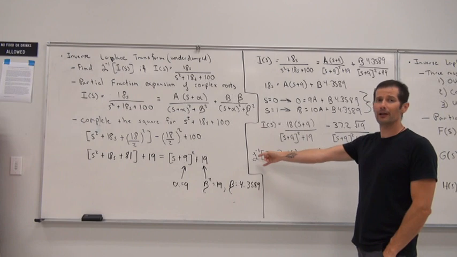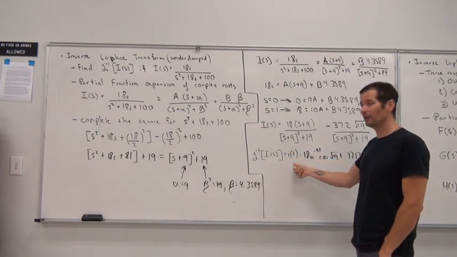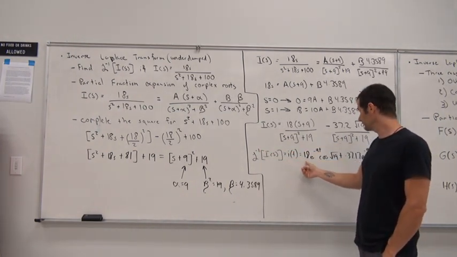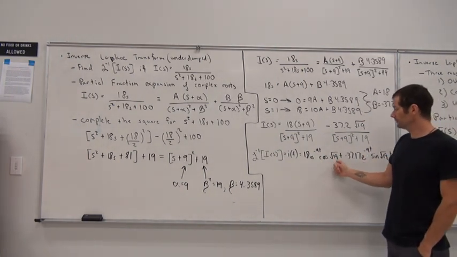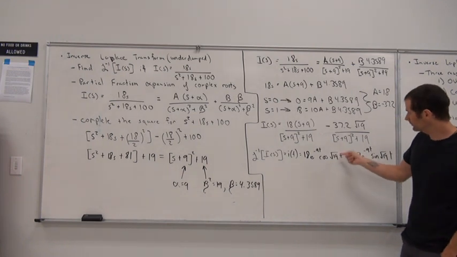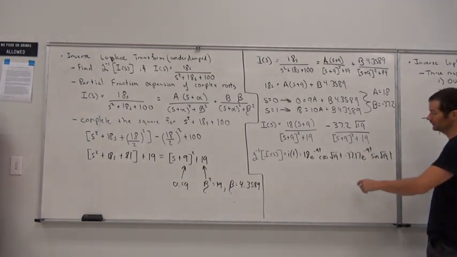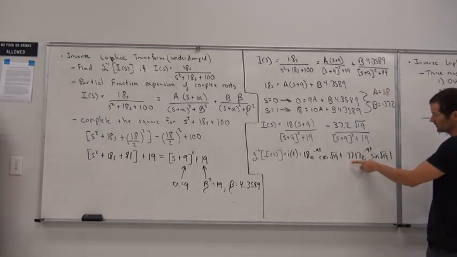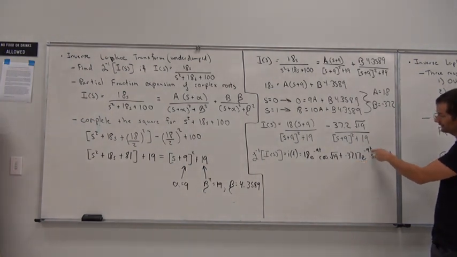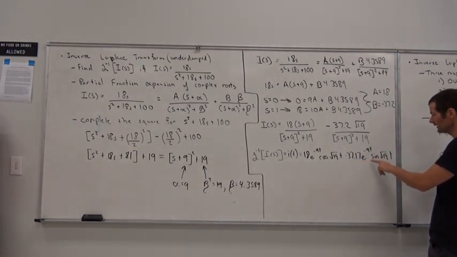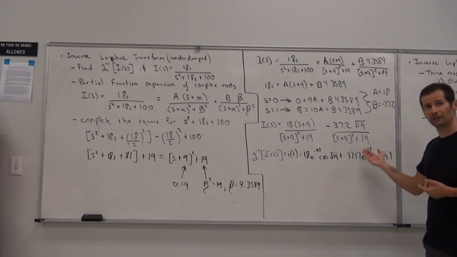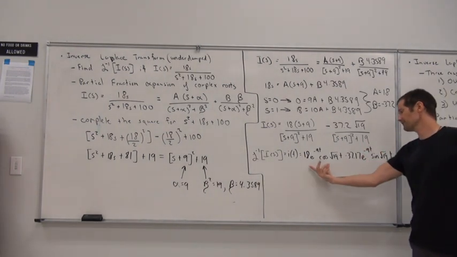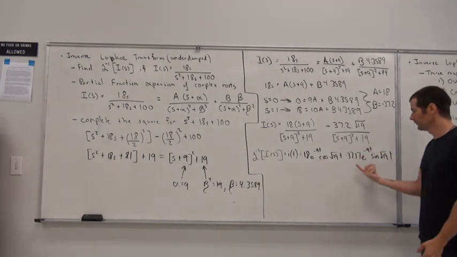So the inverse Laplace transform of I of s is I of t, and that's equal to 18 times e to the negative 9t times cosine of square root of 19 t. See, that square root of 19 comes right back in. Same thing over here. Finally, we have minus 37.17 times e to the negative 9t times the sine of square root of 19 t. So when we take the inverse Laplace transform, this form goes right into the exponential multiplied by the sinusoid for each section.